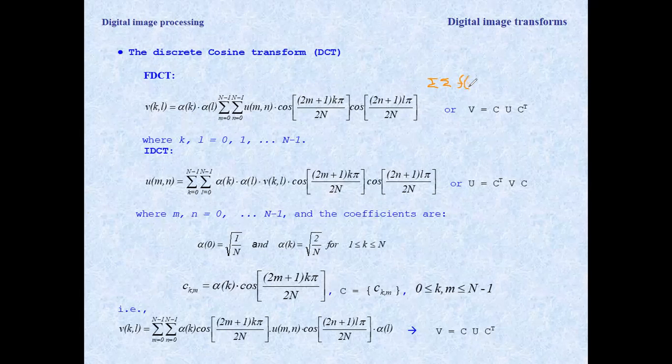You know how to write it or not? Yes, sir. F of x comma y into e power minus j 2 pi. Let me see if it is there somewhere unless I am writing.